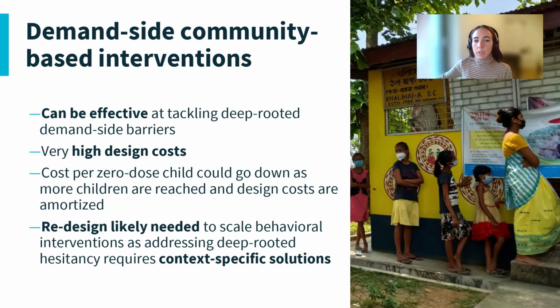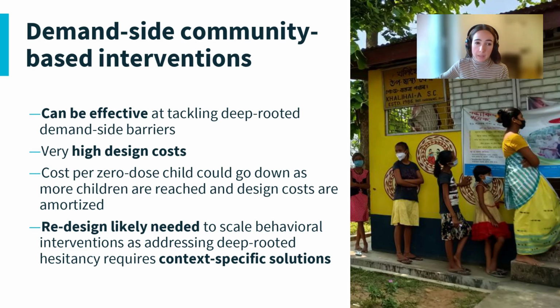So as I said, these findings are preliminary, but the evidence that we see so far shows that while demand-side community-based interventions can be effective at tackling hesitancy and other demand-side barriers, they do require a deep understanding of the context to ensure that they're tailored to the specific barriers faced by zero-dose children in those areas. For this reason, they tend to have very high design costs, which can lead to a high cost per zero-dose child reached.